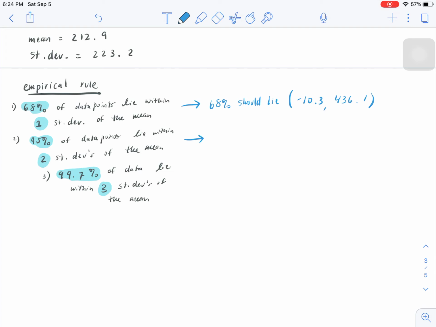The second interval, the empirical rule says that 95% of our data points should lie within, is the mean minus 2 standard deviations, so 2 times 223.2, to 212.9 plus 2 standard deviations, so 2 times 223.2.